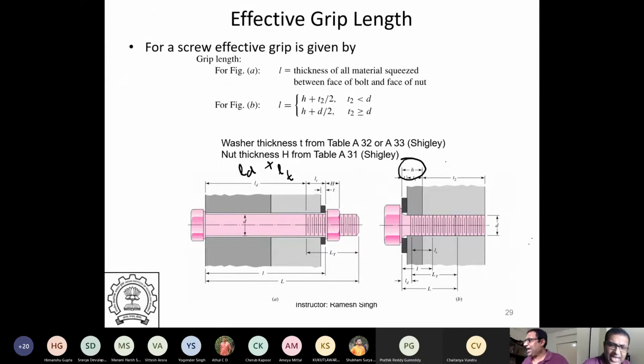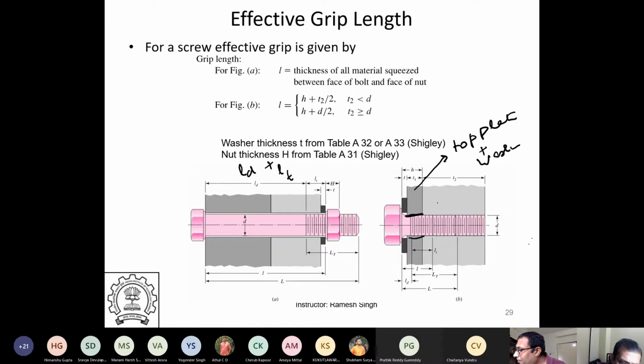In a screw grip, in a tapped hole, this H is the top plate plus washer thickness, both combined, because the top plate is not threaded. Only the bottom plate is threaded. The top plate is just a through hole. There is this plate, and then there is a washer. The thickness of the washer and the top plate combined is your H.